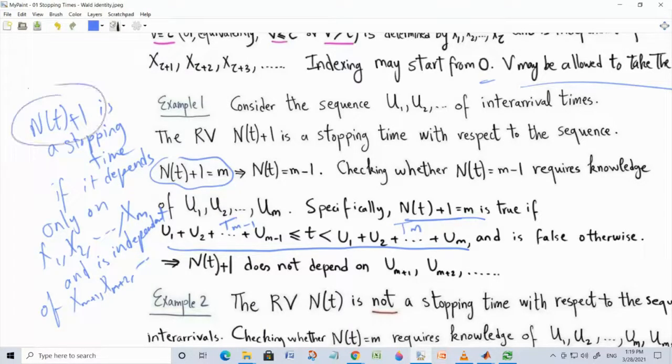So n of t plus 1 is indeed a stopping time with respect to the inter-arrival sequence of random variables.